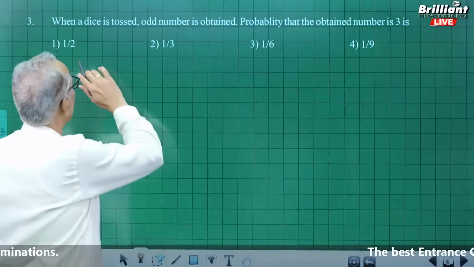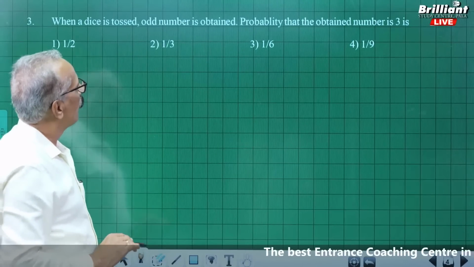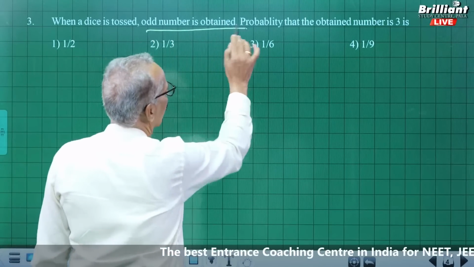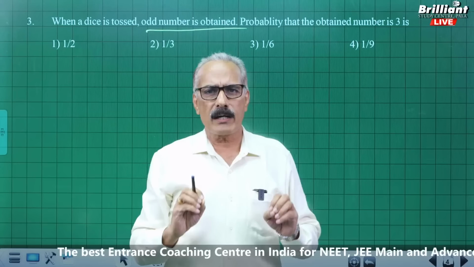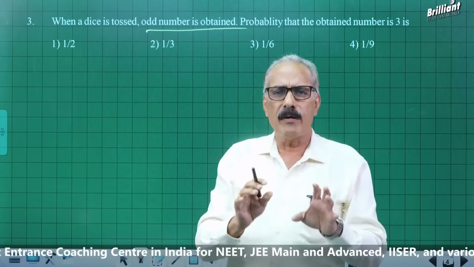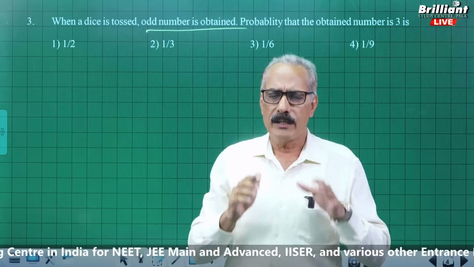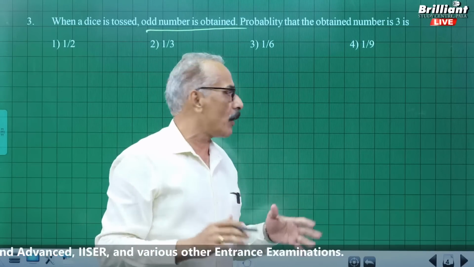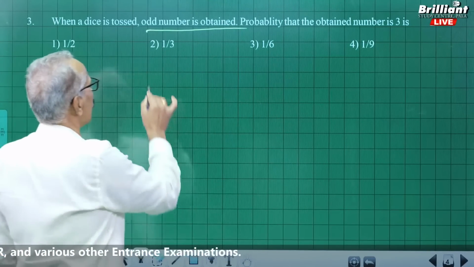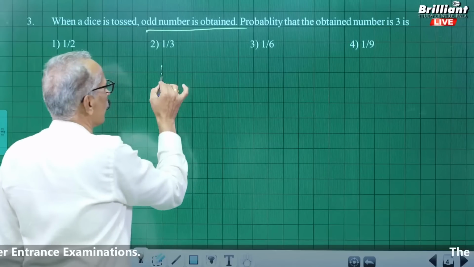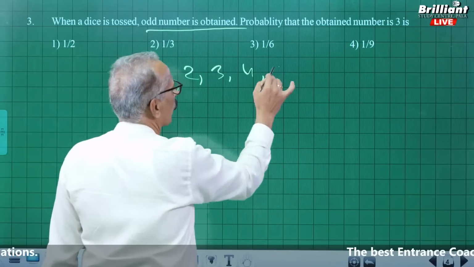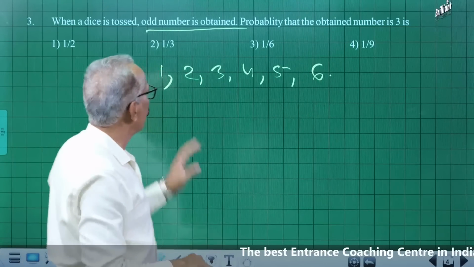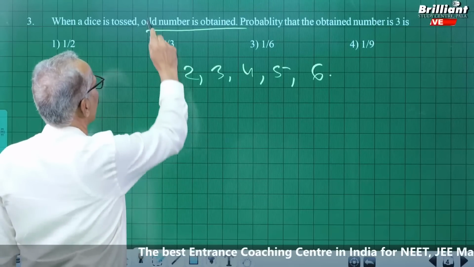Look, when a dice is tossed, an odd number is obtained. So remember, when we are given that something is found, you have to apply conditional probability and Bayes theorem. The numbers on the die are 1, 2, 3, 4, 5, 6, and the number obtained is odd.